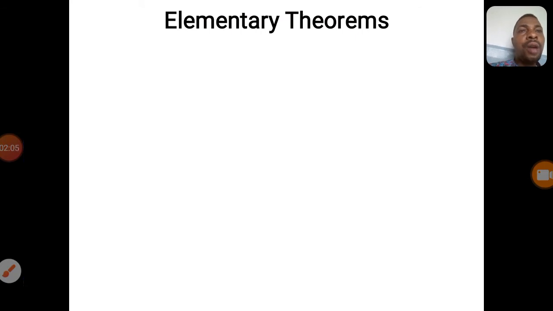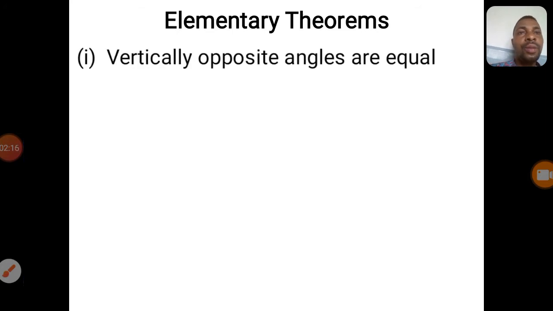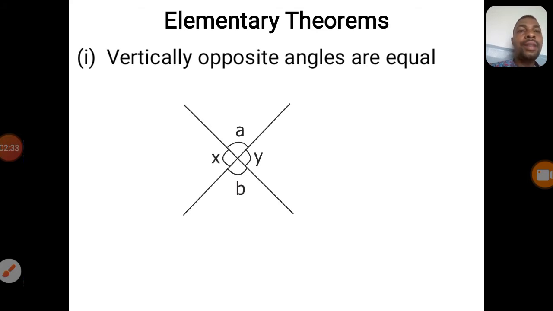Before we carry out the actual theorems, there are elementary theorems that will help us to arrive at the logical conclusion. First one is that vertically opposite angles are equal. This diagram here shows you what vertically opposite angle is all about. You can see two straight lines that intersect.